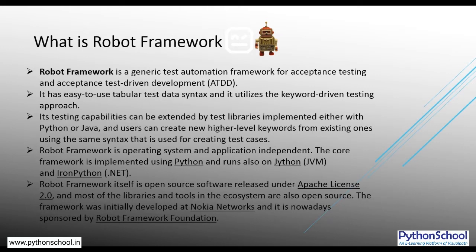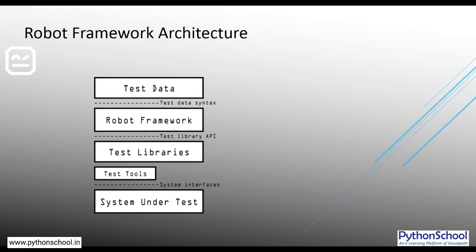So basically, we have an architecture of Robo Framework. So let us check on it. As I said, it is a Python based framework, and it is a keyword driven test automation framework for end-to-end acceptance testing. Keyword here means that every keyword has a respective function.